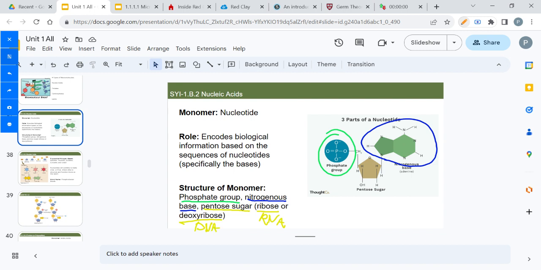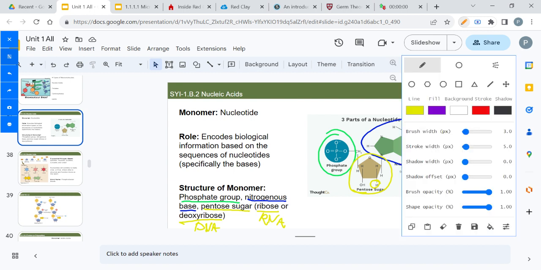And that sugar is located right here. To identify which one is which, we're going to take a look at this little section of the molecule right down here. We'll see that it's either an H or an OH, and that will tell us if it is deoxyribose or ribose.